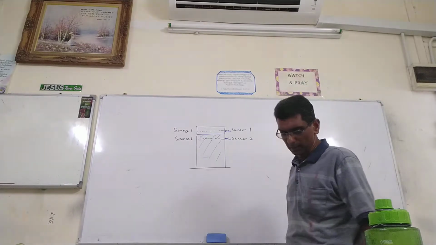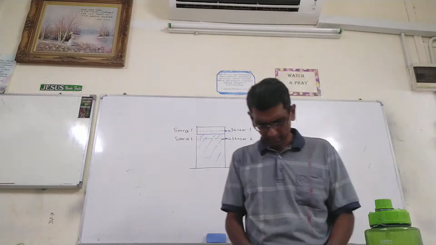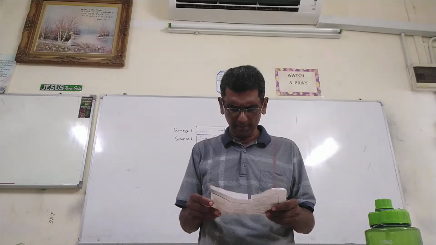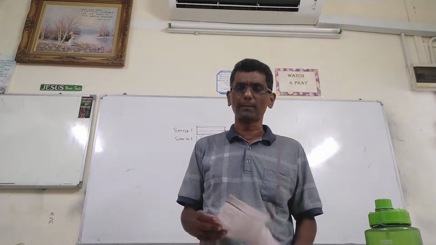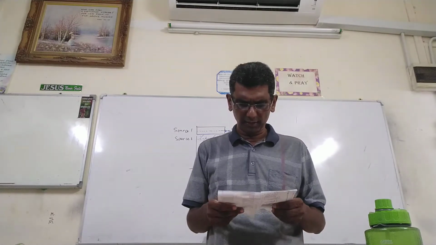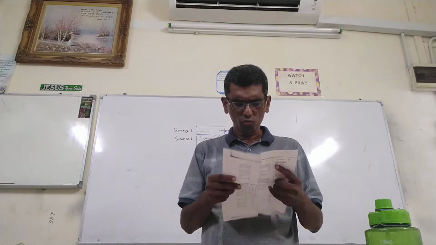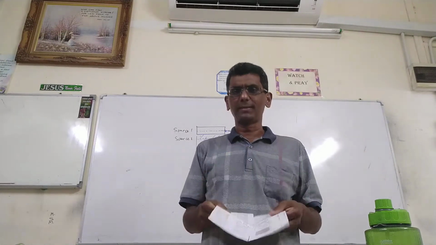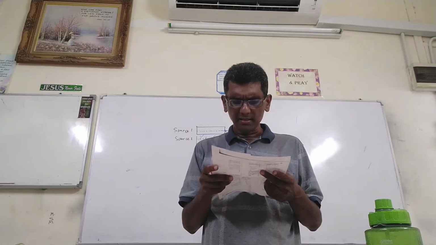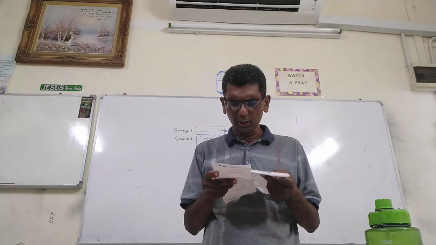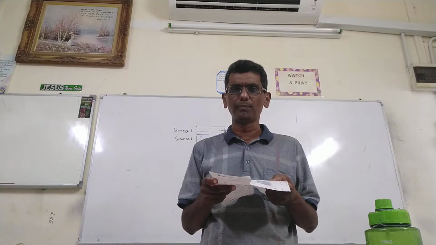Okay, next question. I'll give the answer and explain later. Question number 3: explain how the system works. Sensor 1 indicates the maximum level and sensor 2 indicates the minimal level.